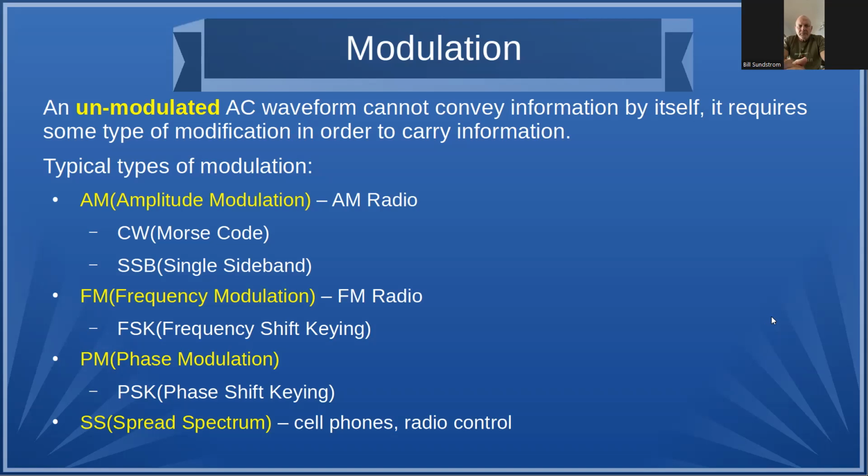The next thing we need to deal with is modulation. So we need a modulator. Just generating a signal from an oscillator is nice, but it doesn't convey any information unless you turn it on and off like you do with CW, the fact that the carrier is there or not there.